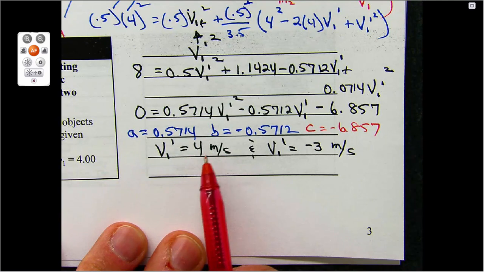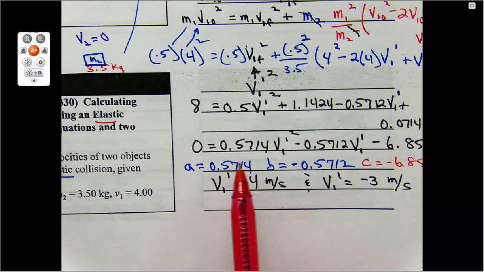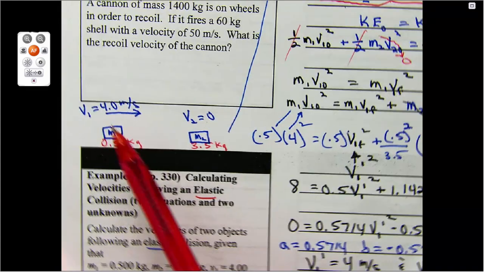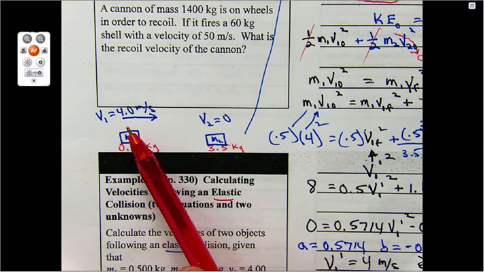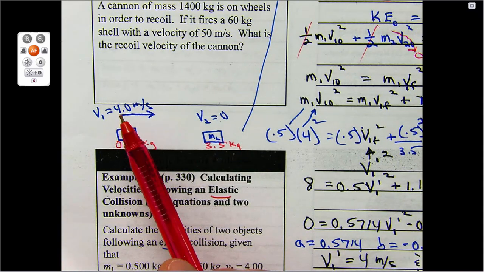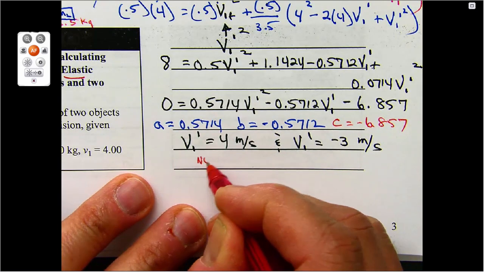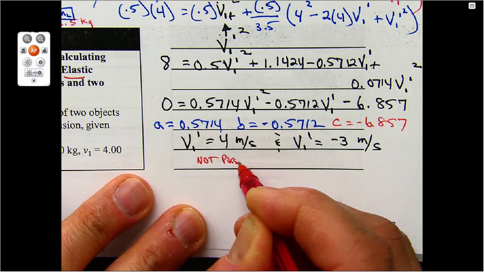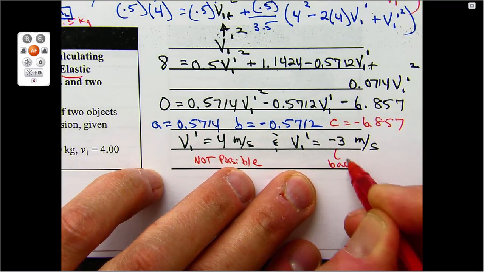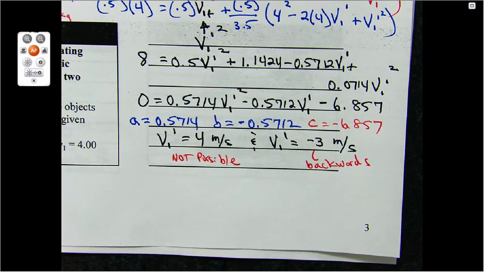This 4 is not possible, because this started at 4. It hit something that's 3.5. It can't continue at 4. So this one here is not possible. So this, it goes backwards, right? It goes backwards at 3.